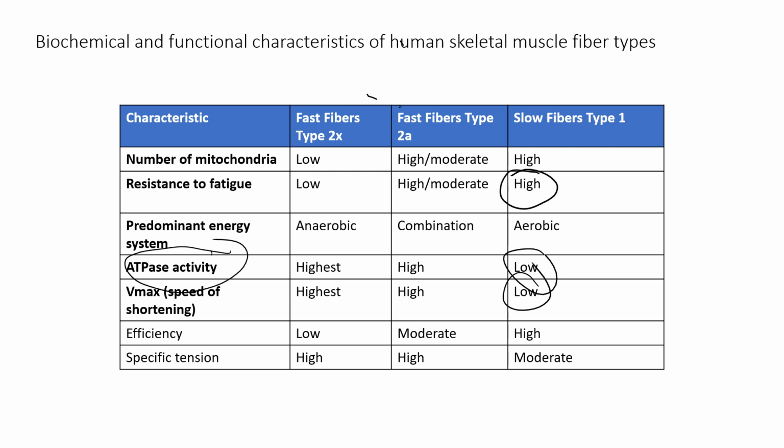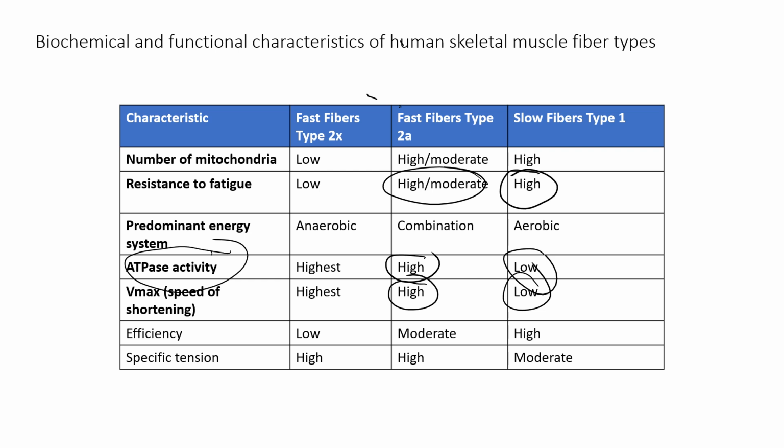Now, type 2A fibers, we would say, are somewhere between high to moderate resistance to fatigue. And again, we can always tie this back to the ATPase activity. The ATPase activity within these type 2A fibers, these moderate fast twitch fibers, is decently high, right? The myosin heads can cycle at a relatively high frequency, thus they can shorten at a relatively high frequency.